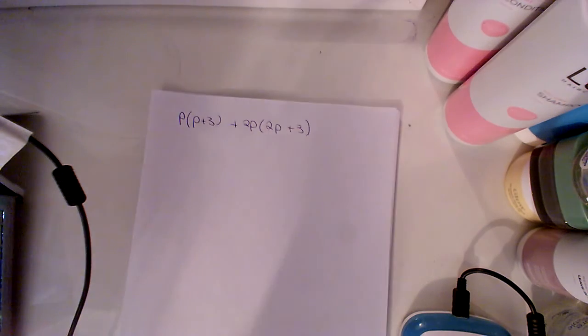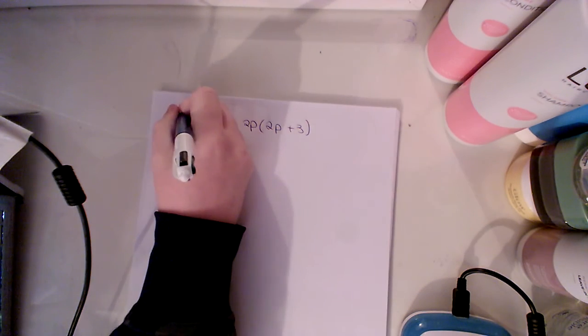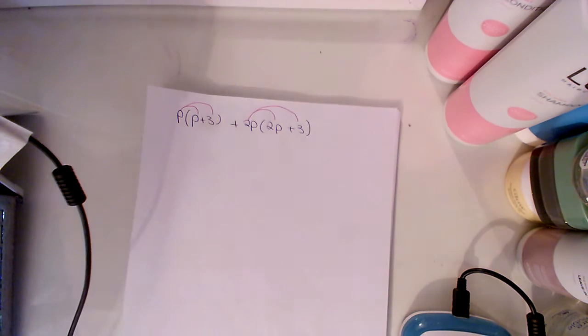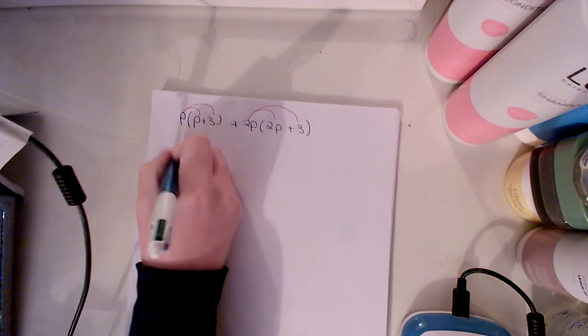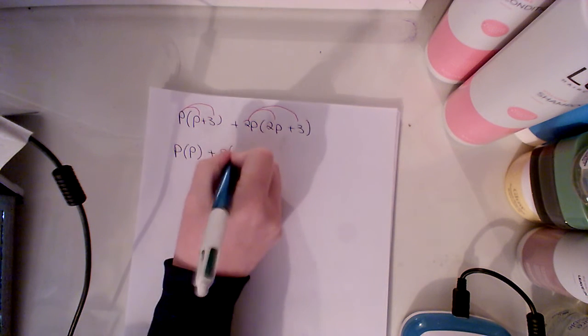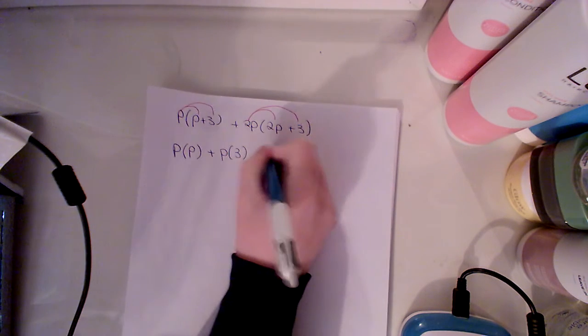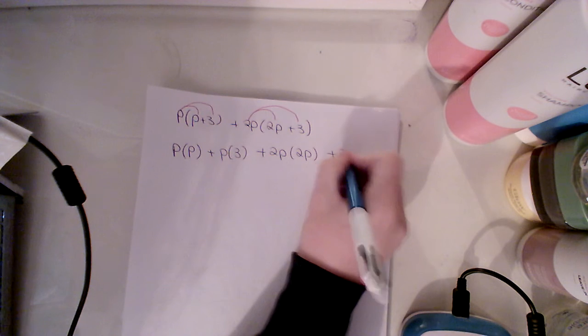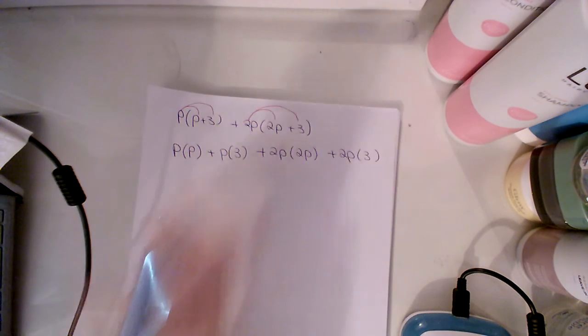Question 6b then, I have this sum, so I draw my arrows again like so. I draw my arrows over here, and then I rewrite my sum. So it'll be p(p) + p(3) + 2p(2p) + 2p(3).